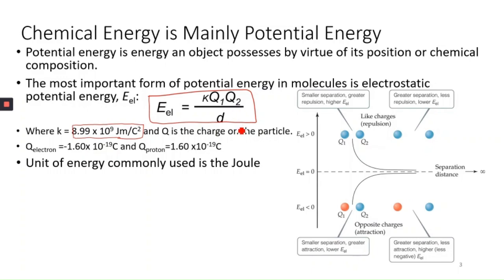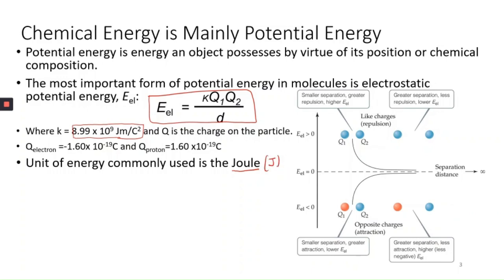And this Q1 and Q2 are the charges of the particles. And your particles are either going to be protons or electrons. And they have the same charge, but just different sign. The electron is a negative 1.6 times 10 to the negative 19 coulombs. And a proton is a positive 1.6 times 10 to the negative 19 coulombs. And the unit for energy is what we call the joule, and we represent that with a J.